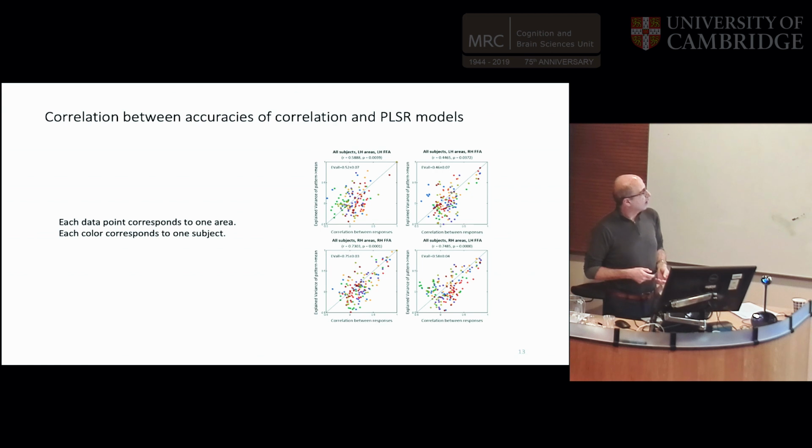So in these plots, one axis is the amount of correlation between FFA and other areas, and the other axis is the explained variance values that we get from the regression analysis. The data points correspond to different subjects and different areas. So overall, the results of correlation and regression analysis are correlated.